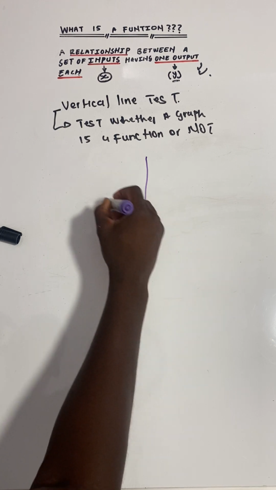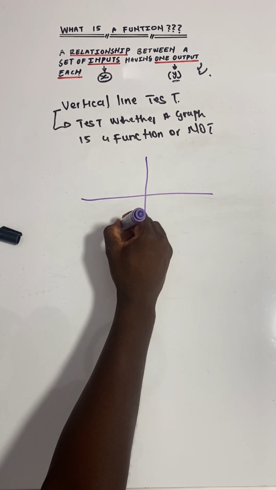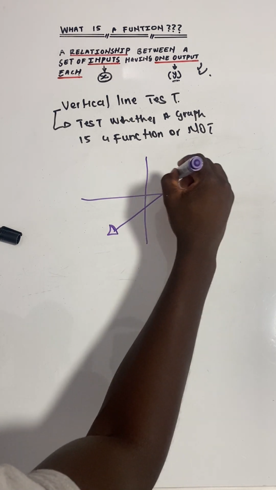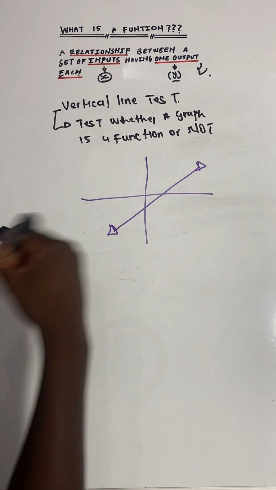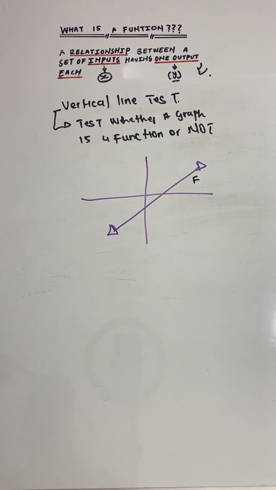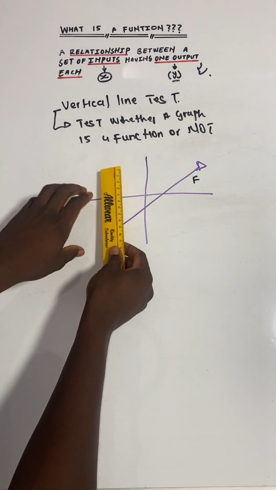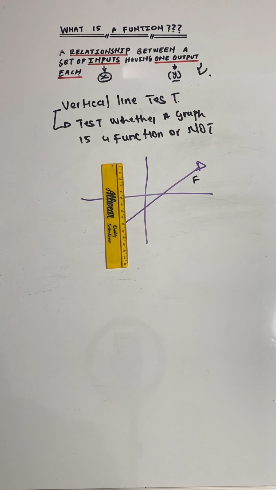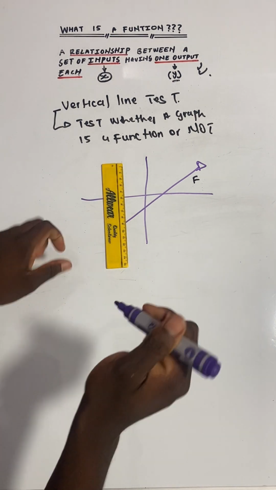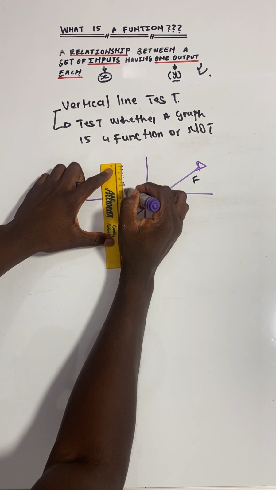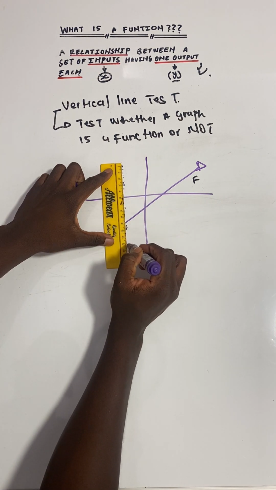So we have a Cartesian plane, then we have a straight line function here. Let me call it f. Now how does this vertical line test work? When we talk about a vertical line, we talk about something that is like this. Now this is vertical. So you take your pen, you move from left to right, and you want to see how many times this line passes my function here.